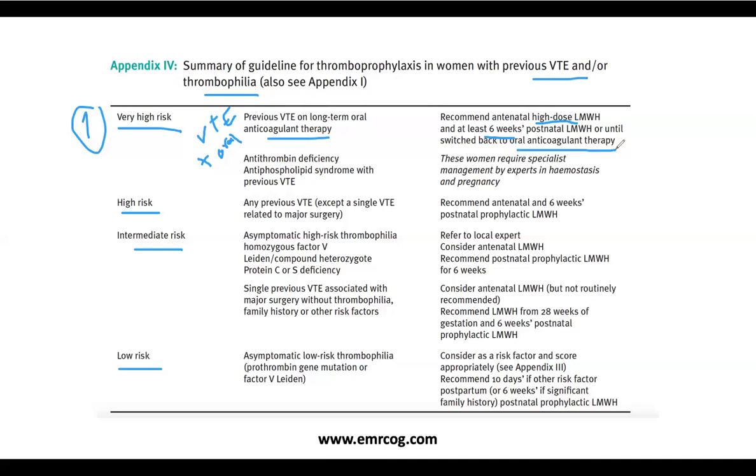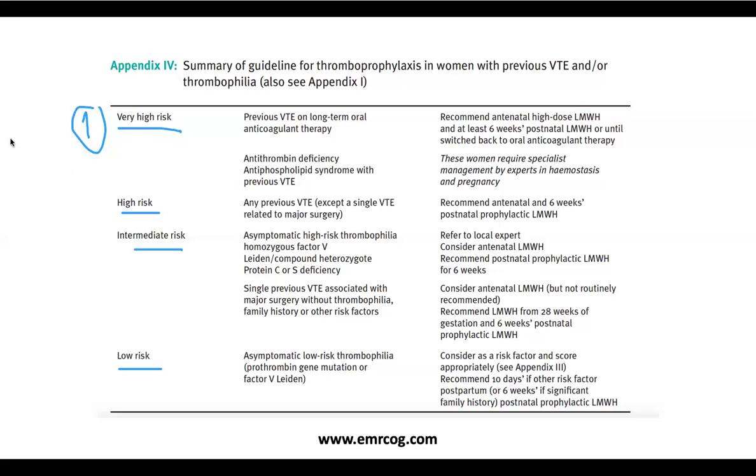So this lady will have high dose prophylaxis starting from early pregnancy until 6 weeks postpartum, or till she switches back to the oral anticoagulant. Okay, so this is the first one in the first group. Personal history, which is considered as high risk. She is already on oral anticoagulant for a long term.